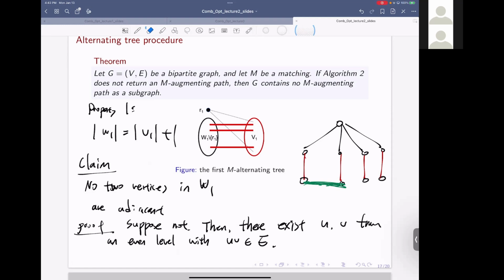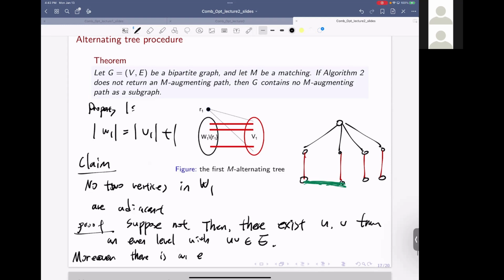Moreover, there is an even length path from R to u, just because u is at an even level, and also to v.